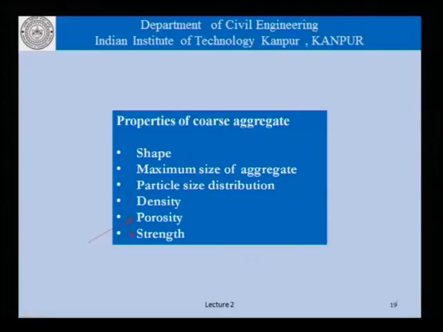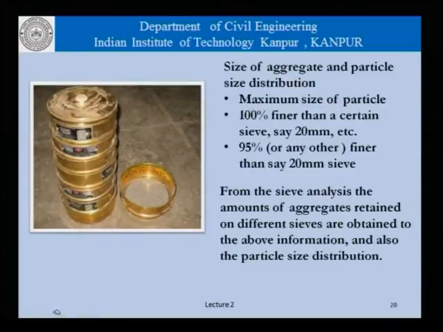Density is another property which we will discuss in greater detail later on. Now, coming to the first of these important properties, which basically deals with the size distribution and the size of aggregates. This here is a sieve set which is used to determine the particle size distribution. We have all these different sieves which are arranged in a certain manner, and we put an aggregate sample at the top and shake the sieves.